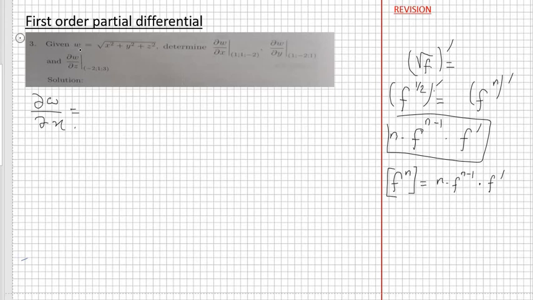So w can be written as f or square root of f, because if I consider everything within a square root sign, I have x squared plus y squared plus z squared. So that is the same as f to the power of, but in this case the value of n is 1 over 2.